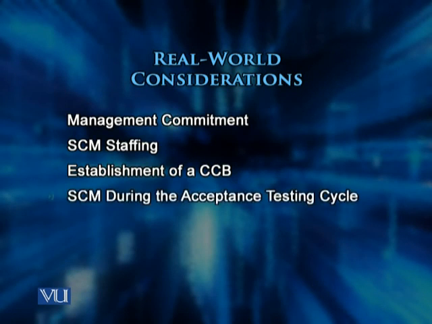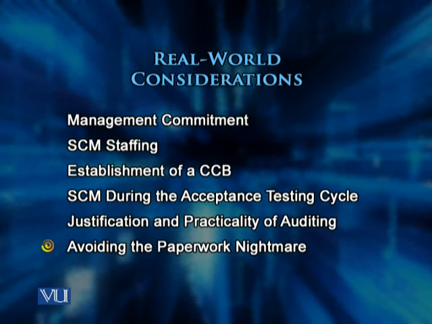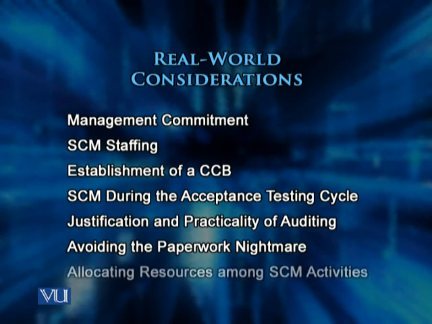Then we have SCM during acceptance testing cycle. Then we have justification and practicality of auditing, then avoiding the paperwork nightmare, and finally allocating resources among SCM activities. Let's now talk about each one of these considerations.